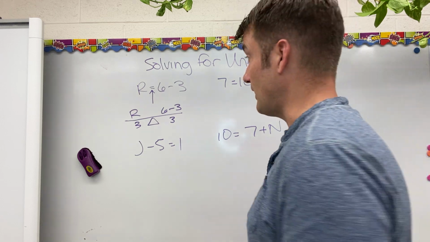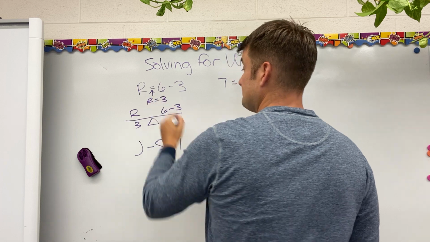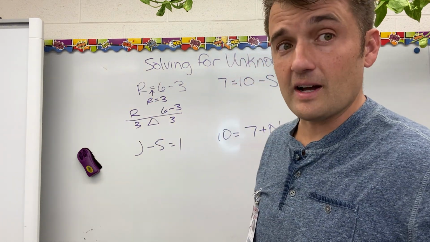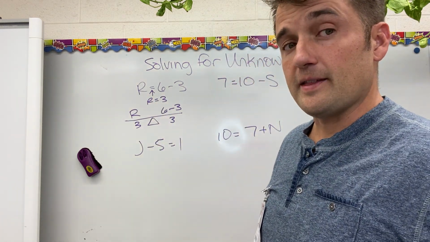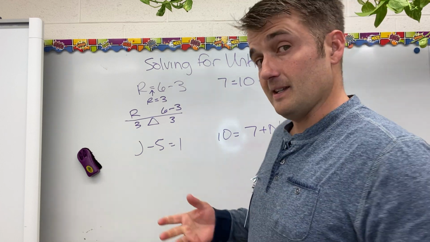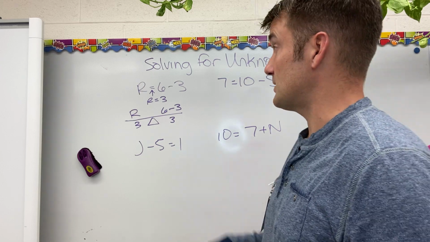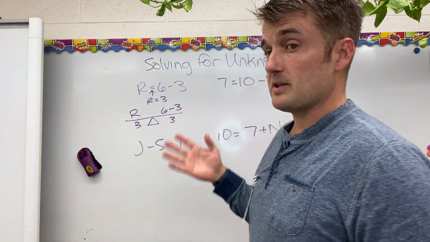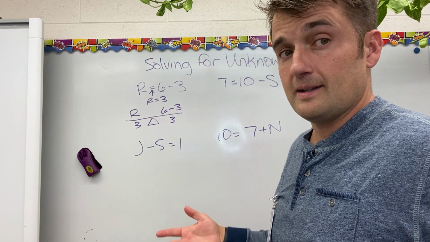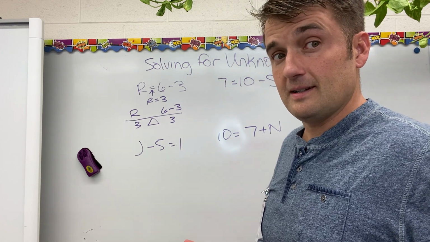So what that means is that R equals 3. Because that is the value for R that balances that equation out. Okay, it makes it work. It looks a little funny because it starts with the number equals, but it's right. 3 equals 6 minus 3. That's true. 3 is the answer to 6 minus 3.